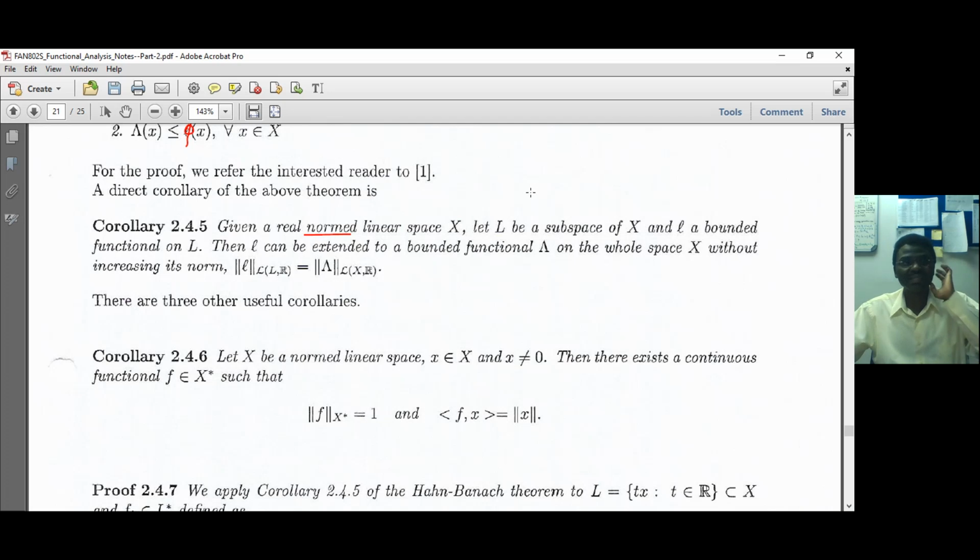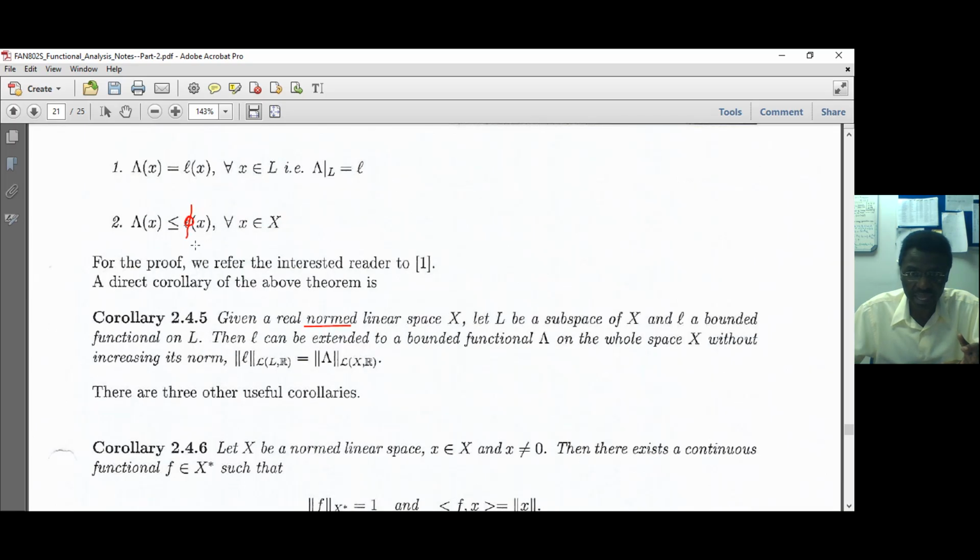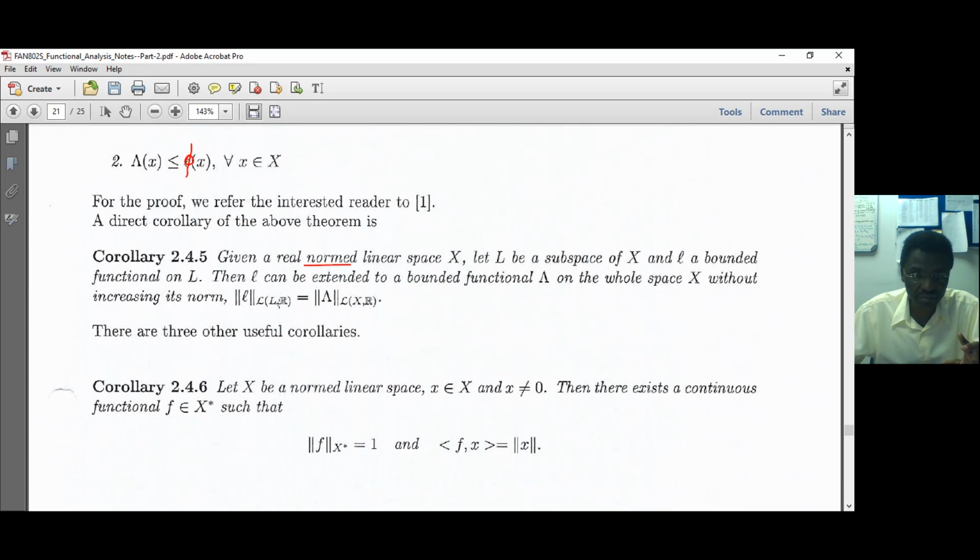So we have exactly the same result as we have here, right? And the extra information now is that the operator norm of capital L and the operator norm of gamma are the same.